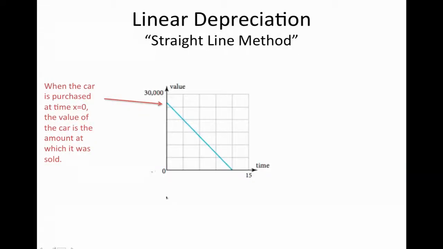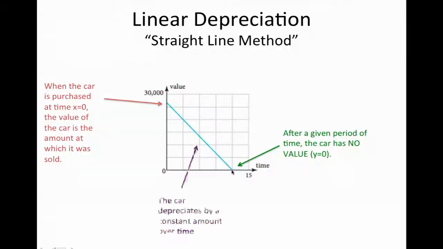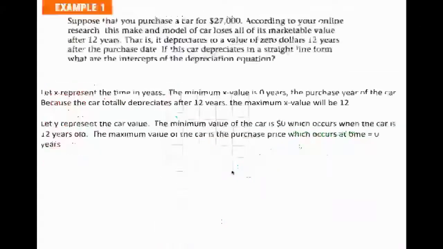All right, now let's move over here and take a look at after a given period of time, the car has no value. So the height is 0, and if you do this, this is 3, 6, 9, 12 years. After 12 years, it has no value. And everything in between, the car was depreciating by a certain amount per year. That's the explanation of linear depreciation.